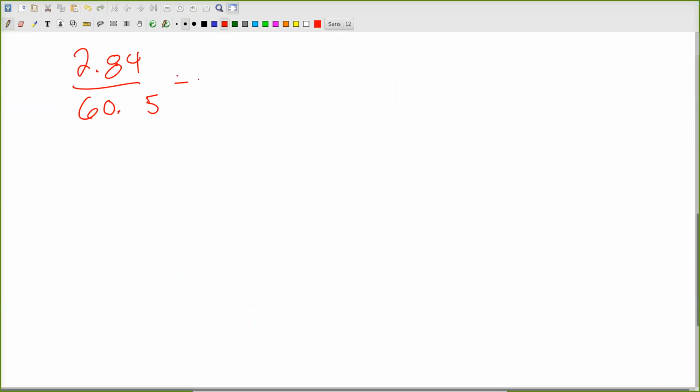It's approximately, so wavy equal sign means I rounded, 0.047. Now, the meaning of this number comes from the graph.